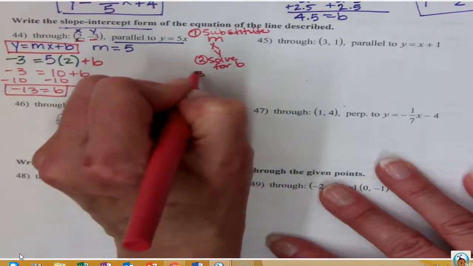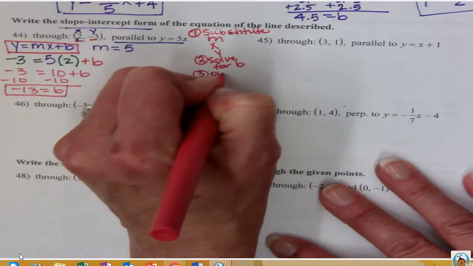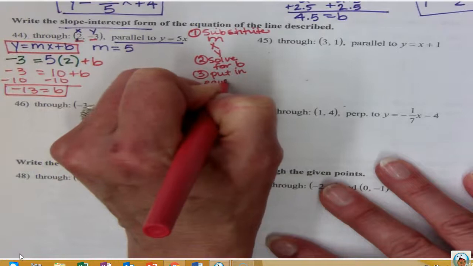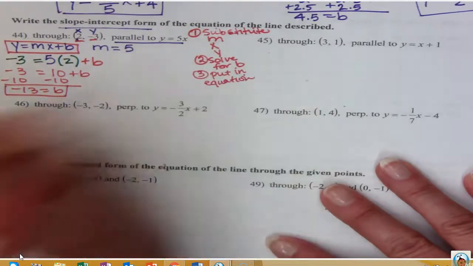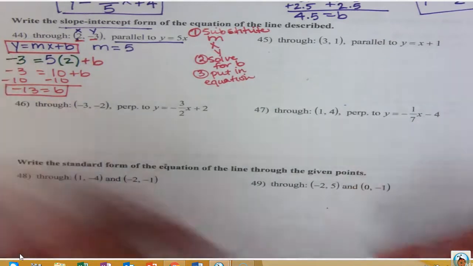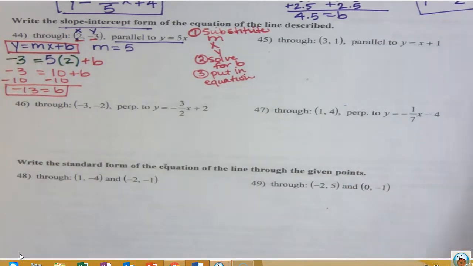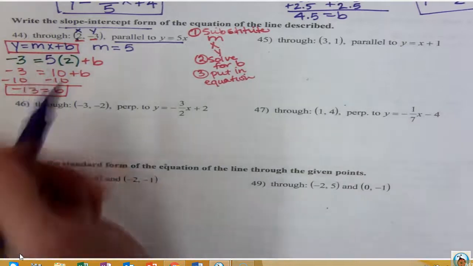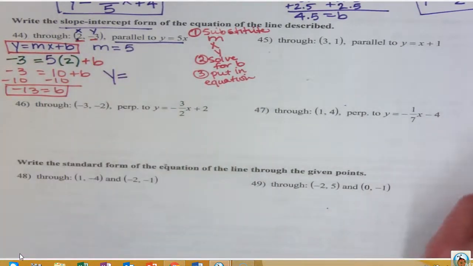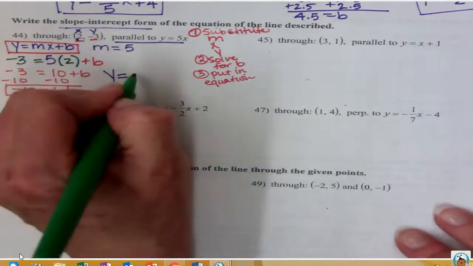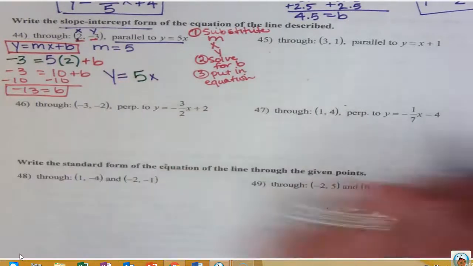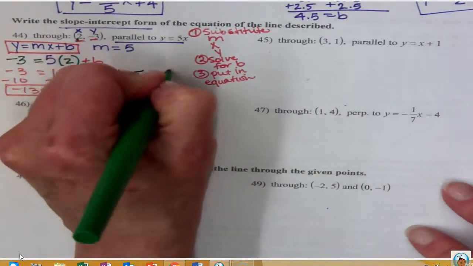So step 3 is to write the equation. Here's my equation: y equals m, my slope, x, minus 13.